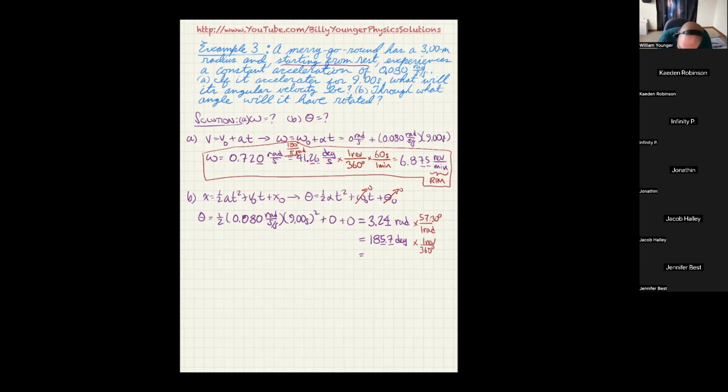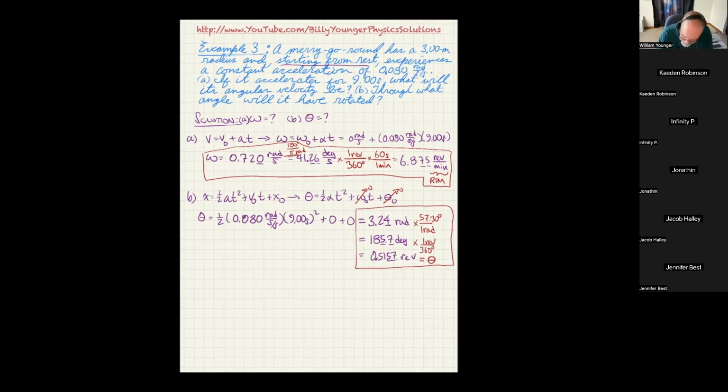So that's 0.5157 revolutions. Okay. So that's probably way more than you really wanted to know, but we've done it. And of course, I could also just call this theta, which is the variable we're using here. Anybody have any questions on that one?